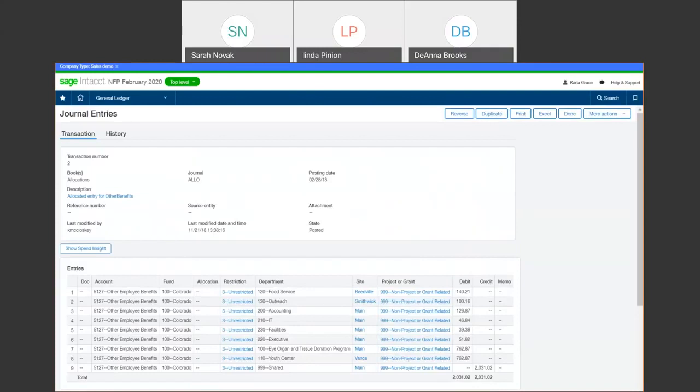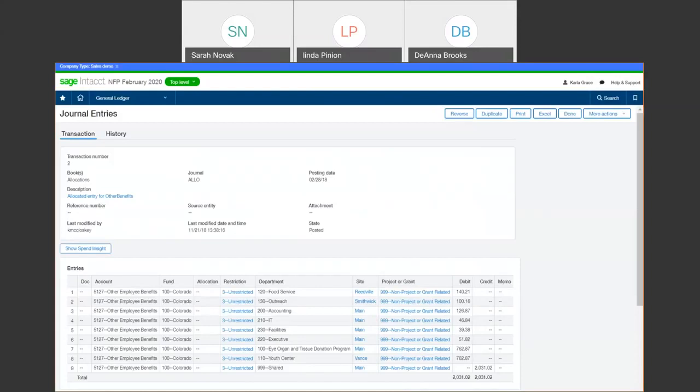There's also a history tab, and that history tab will record when this was done and the user that performed it. So again, just making sure that this is an advanced way for you to do those pooled allocations with the ones that you do at the end of the month. And it is a separate subscription.